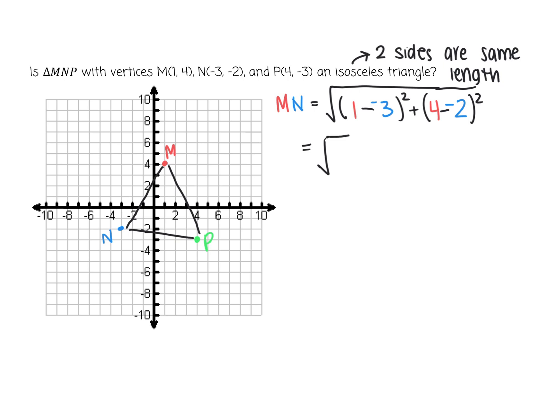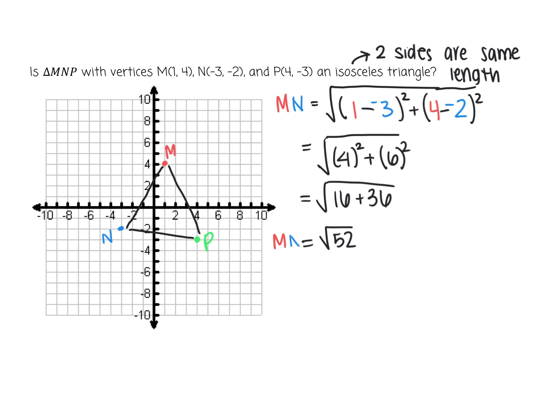So my 1 minus -3 is going to become 4 squared. And then 4 minus -2 is going to become 6 squared. I'm going to get 16 plus 36, which gives me the square root of 52. Now in this case, I am going to go ahead and leave this in terms of square roots. It's just going to make it easier to compare to see if any of them are the same.